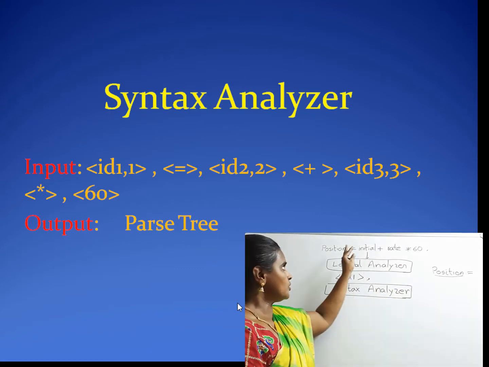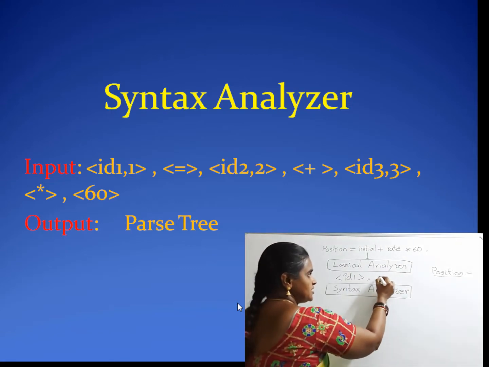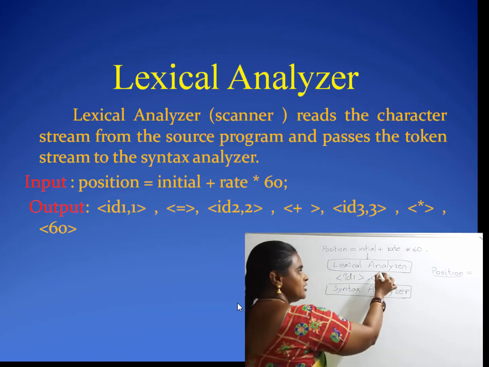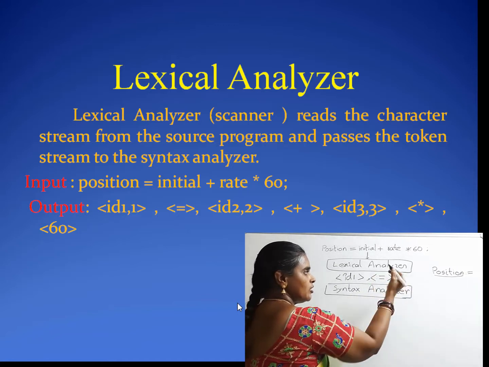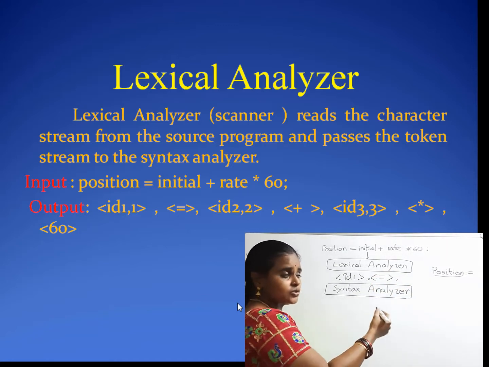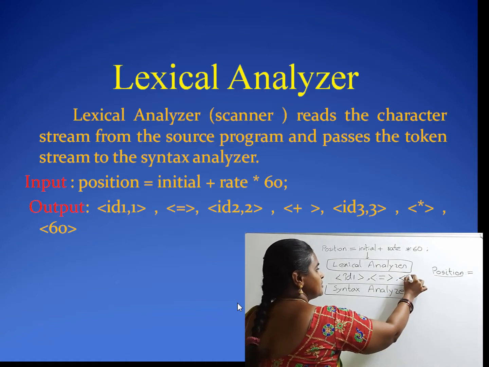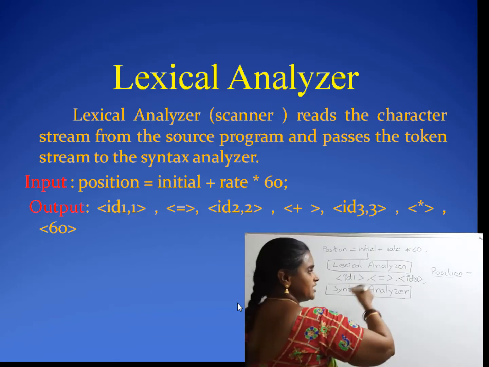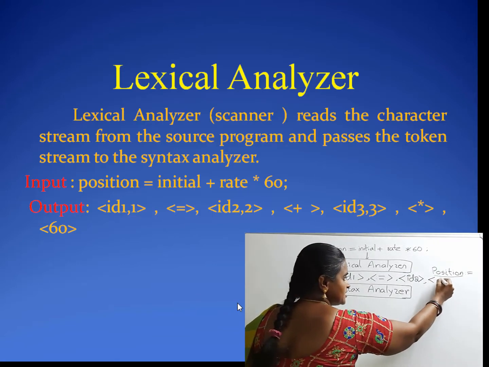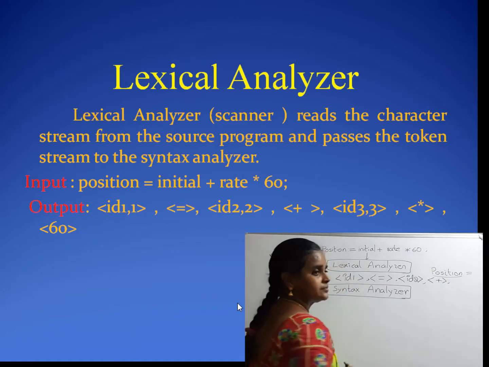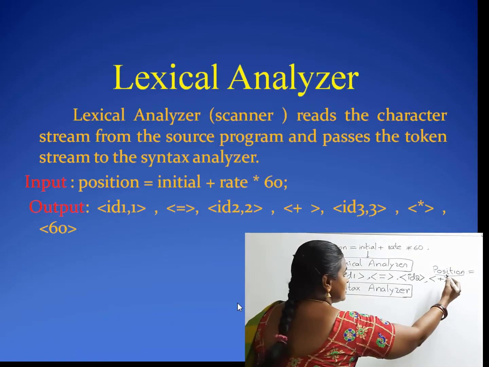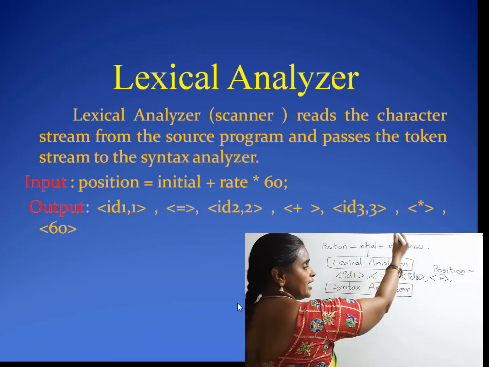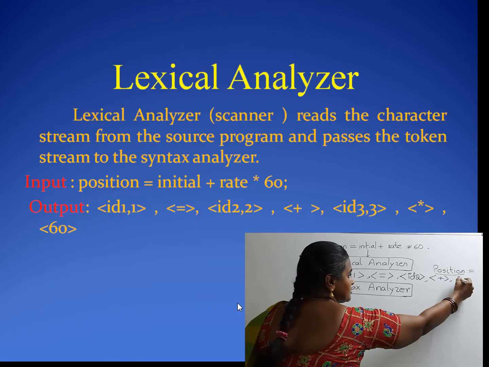What is the next one? The next one is a symbol, the equals sign. This is another token. The next token is ID2. And the next one is a symbol, which it treats as a single token. The next one is ID2, ID1, ID2, and the rate is ID3.